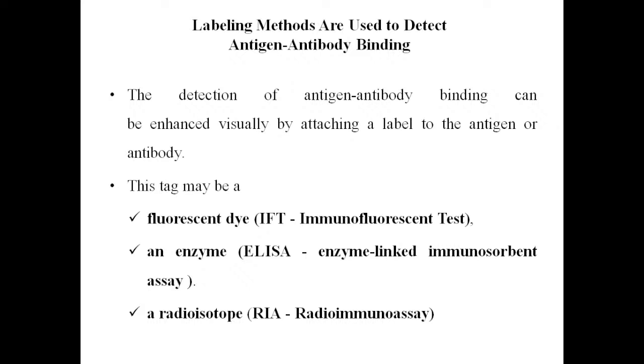So any label may be attached, may be joined with antigen or antibodies. What are these labels? It may be a fluorescence dye that is used in the immunofluorescence test. It may be an enzyme like peroxidase that is used in ELISA, and it may be a radioisotope that is used in radioimmunoassay.